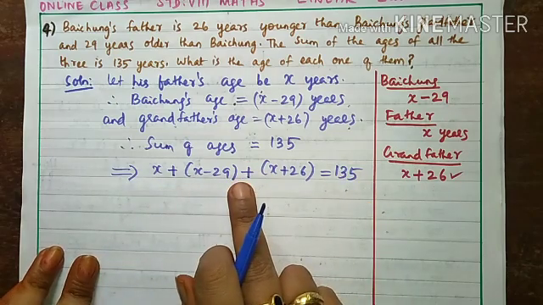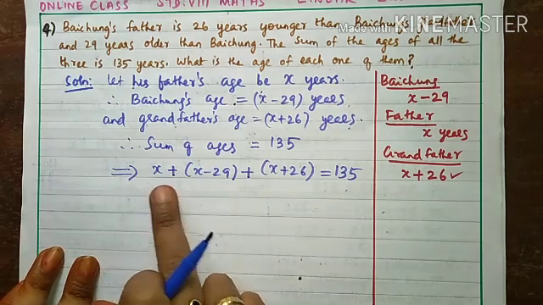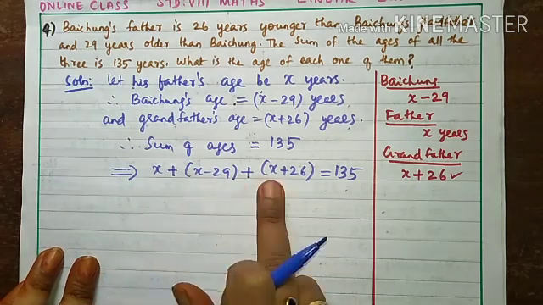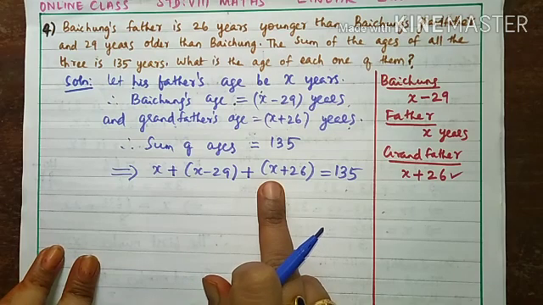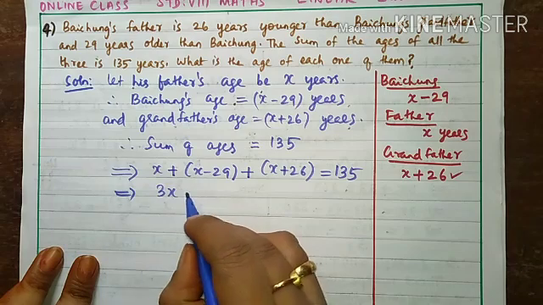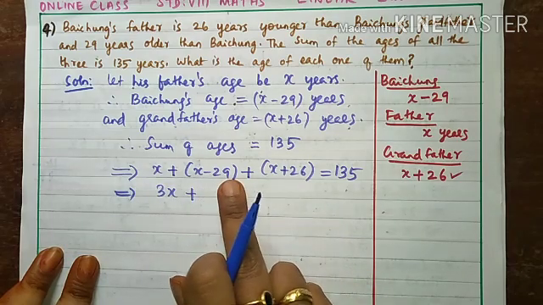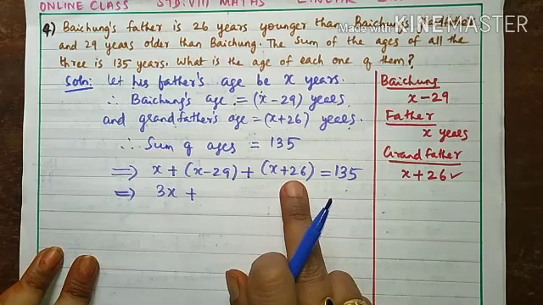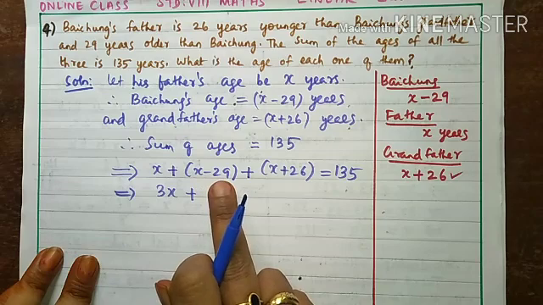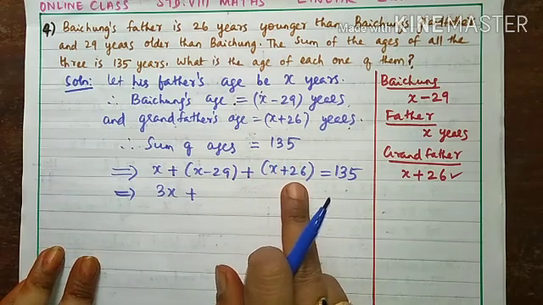Now we can simplify, children. All of you know simplification very well. So collect the like terms. Here x, x, x. How many x are there? 3x. So this implies 3x plus, you see, minus 29 and plus 26. Minus 29 plus 26, different sign, subtract and put the greater number's sign.